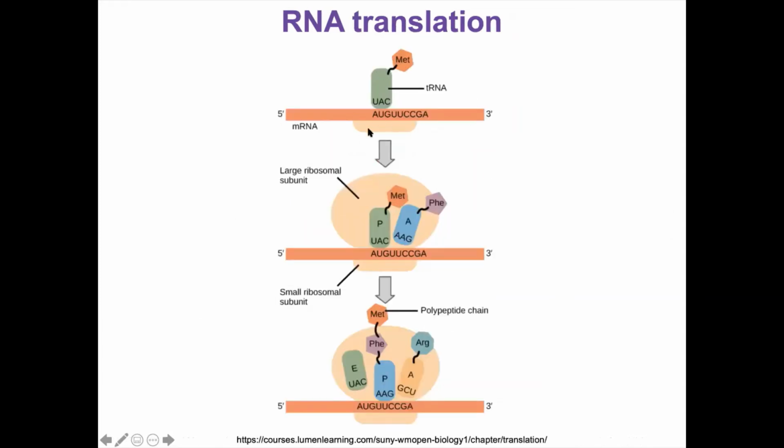So we have this mRNA strand, and the ribosome is shown here in orange. In this first panel, it's not completely shown, but it's still there. And it has found this AUG.